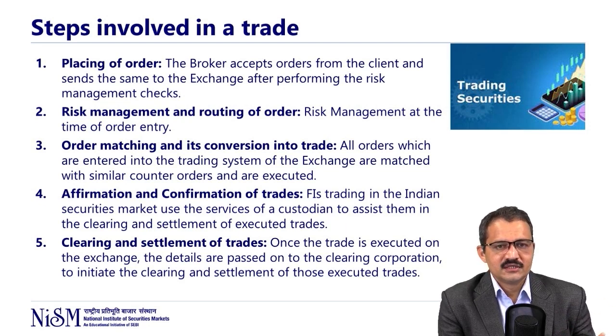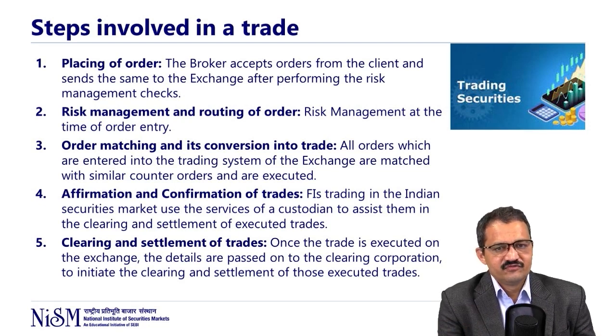Then order matching happens and is converted into trades, and that trade information goes to the clearing corporation for clearing and settlement. The same information also goes to the trading member so that he will start his clearing and settlement at his end.